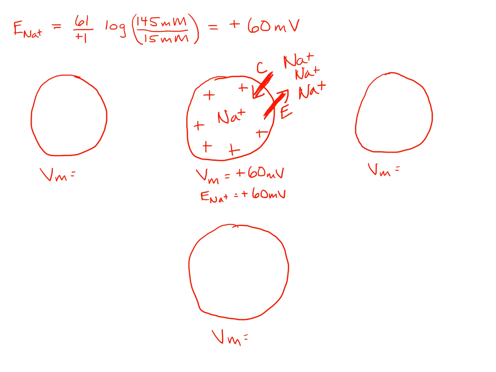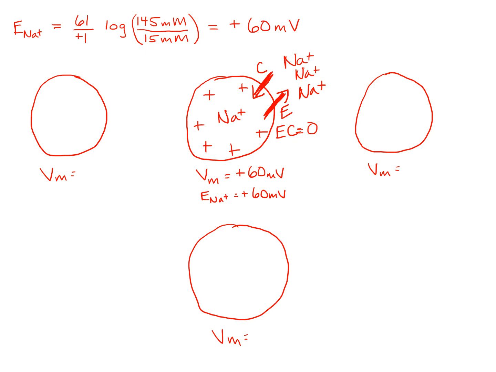So remember, by definition, when the cell's membrane potential is the same as the equilibrium potential, we know that the chemical and electrical driving forces are the same size, but they're going in opposite directions. So when you add these two together, they cancel each other out, and so your electrochemical driving force would be 0. And so there's going to be no net movement of sodium one direction or the other.